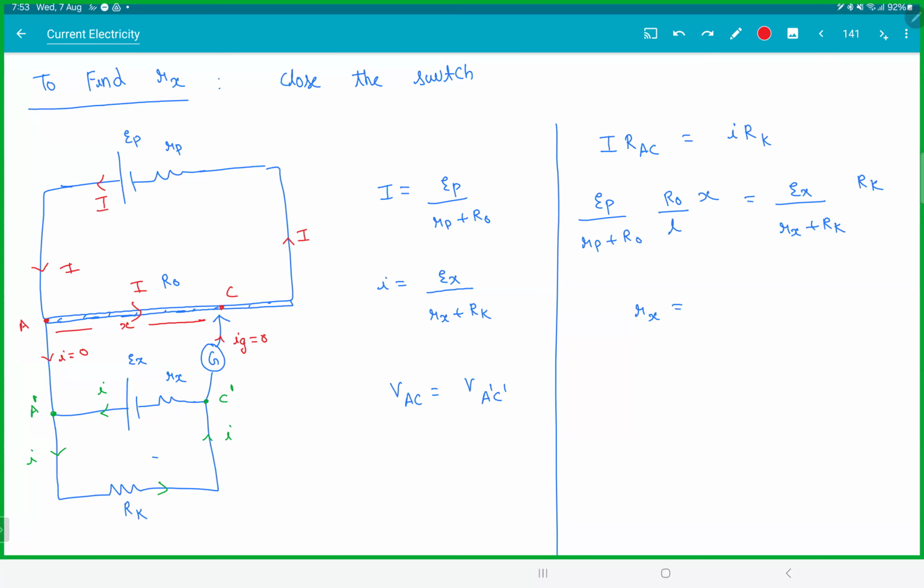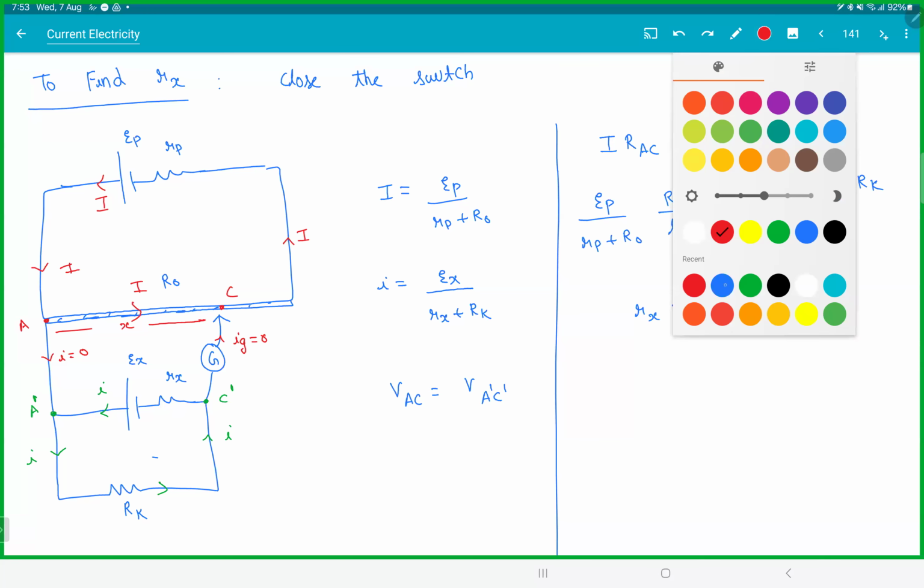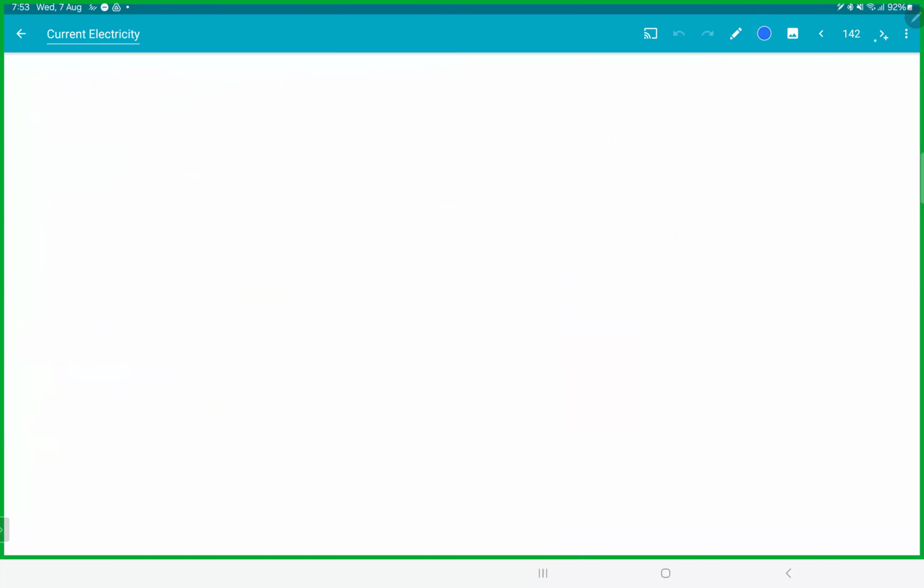Now, sometimes you can do it much faster, without doing all that, if I just know the balancing lengths. This is how they'll frame a question. They will say when the switch is open, balancing length, Ex is proportional to L1.